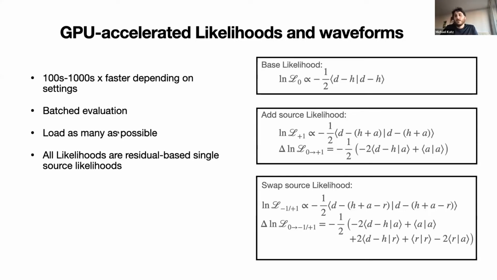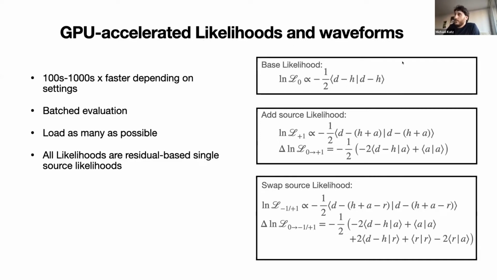I think Stas briefly mentioned it. We take the current point of our sampler, we generate a template of all of the binaries that are currently there, and we subtract them out. That effectively gives us our residual, and then we do likelihoods against that residual.